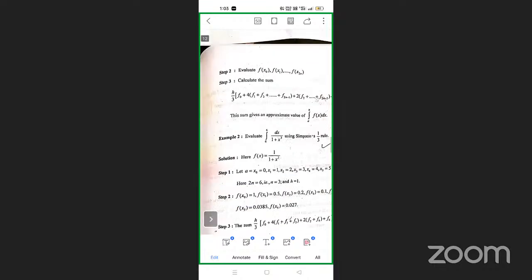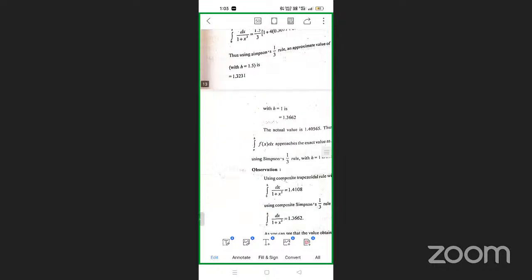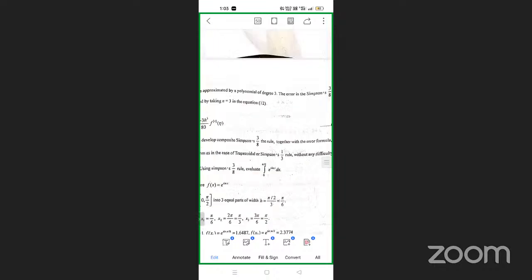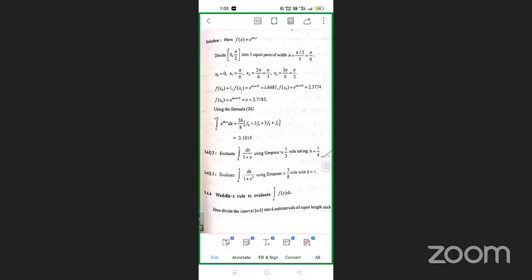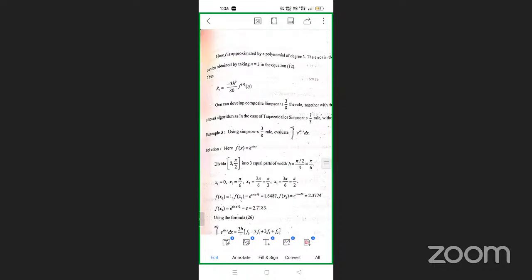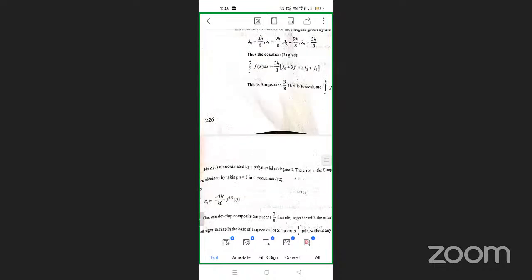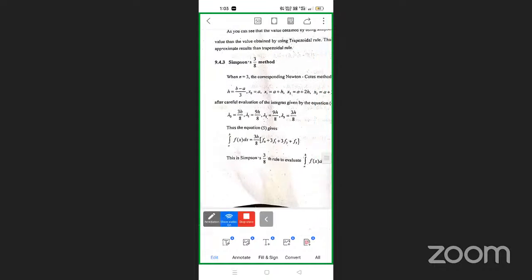Next, Simpson's 3 by 8th rule. The integration from a to b of f of x into dx is 3h by 8 into the first term plus last term, f0 plus fn, plus 3 into all the remaining terms, that is 3 into f1 plus f2 plus f3, f4, f5, f6.